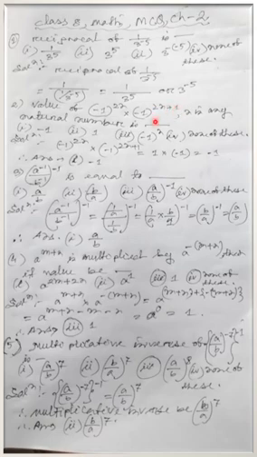So the options are given: minus 1, 1, minus 1 to the power n, and none of these. Now, if you see here, minus 1 to the power twice n, this is always an even number. So minus 1 whole to the power even number, the sign will always be positive.